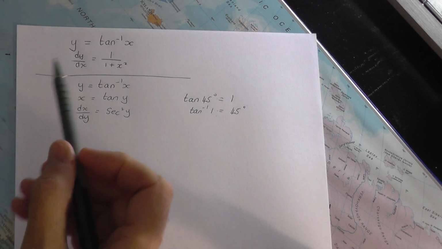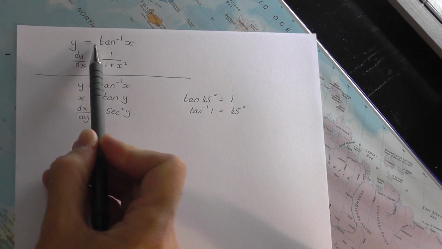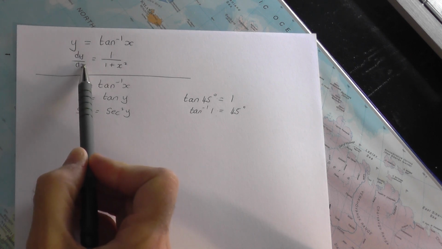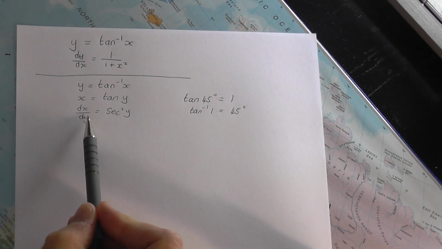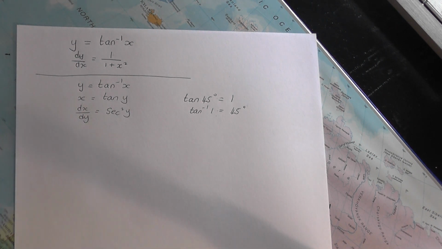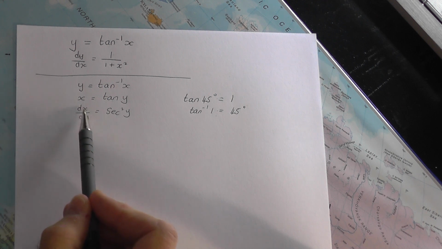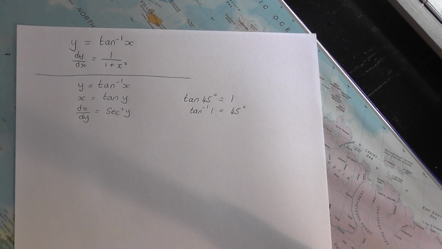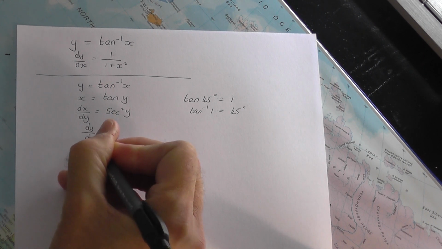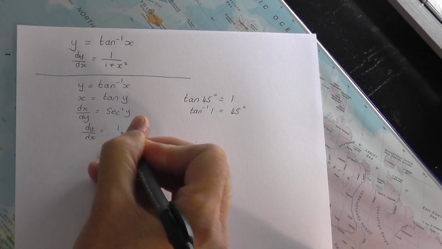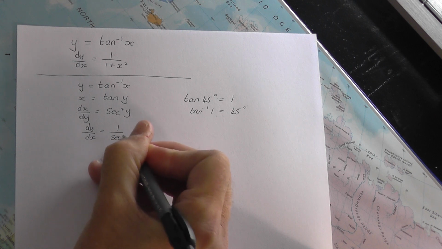But if you think about what I asked you to do in the first place, we had y equals that, and we wanted to find dy by dx. So we've got dx by dy, which is the same thing, but upside down. Back to what I said before in a chain rule video, even though this gradient function is not a fraction, it behaves like a fraction. I'm allowed to flip this upside down as long as I flip the other side upside down as well.